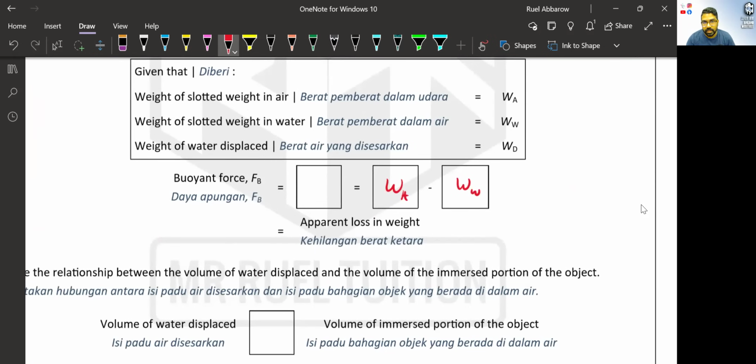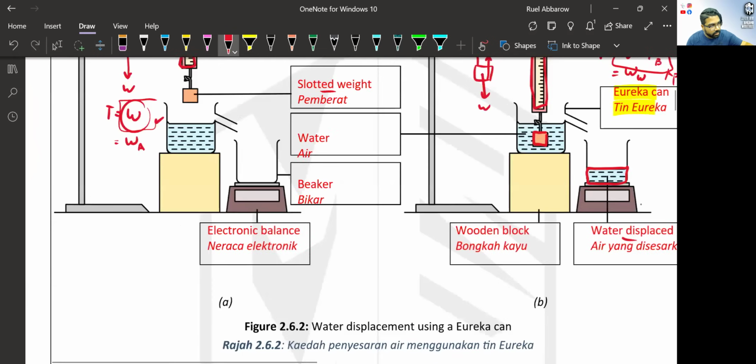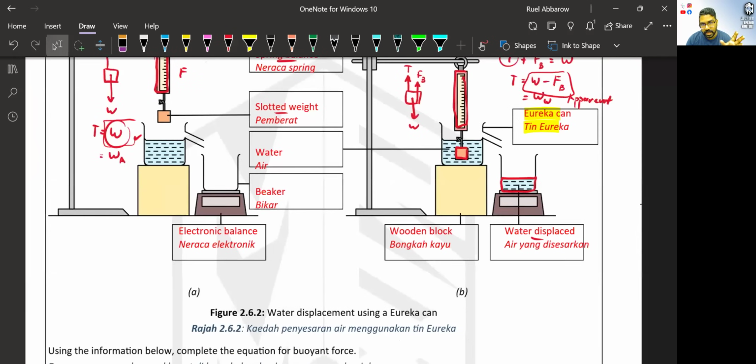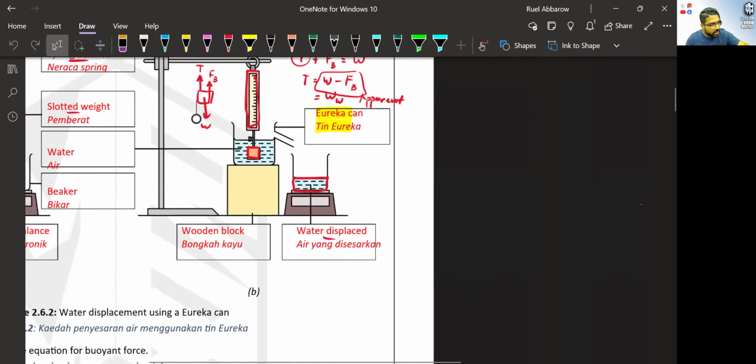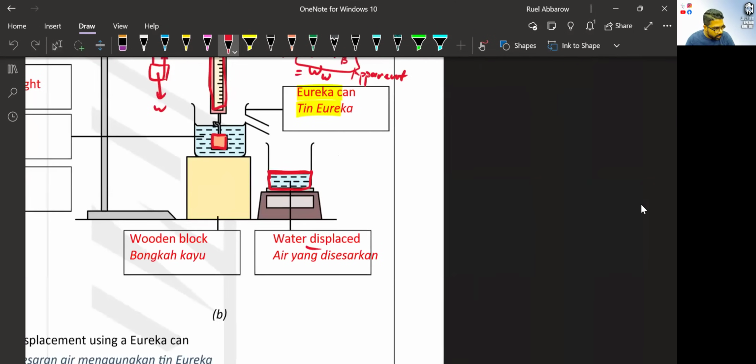Okay. So now there is another way to find the buoyant force. That is, we directly measure. Now, remember what's Archimedes' principle. Archimedes' principle states that the buoyant force is equal to the weight of the liquid displaced, isn't it? So we have already collected the liquid displaced here.